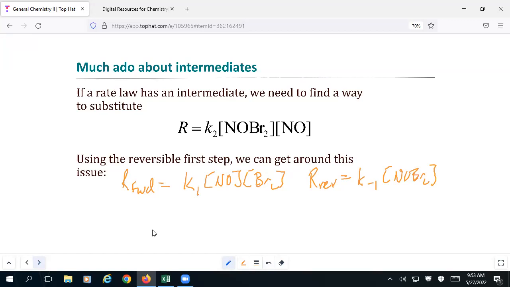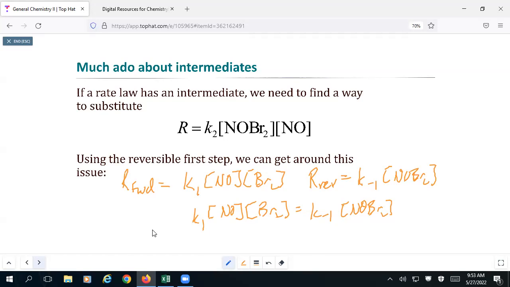Forward reaction, reverse reaction. Now here's the thing. The forward reaction and the reverse reaction are the same. It's reversible. They're going at the same rate. So since these two are the same, I can set them equal to each other. k1 times NO times Br2 is equal to k-1 times NOBr2.